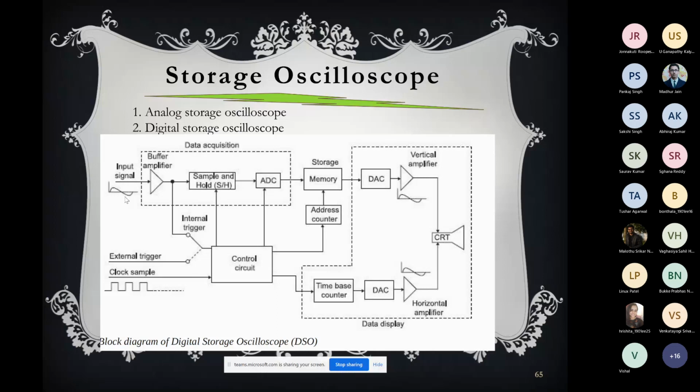Once you have an analog signal, you have to convert it into a digital signal, then only can you memorize it. Suppose you have some signal and you want to know the values at some points of time, say 0.1 second, 0.2 second, 0.3 second, or 0.01 second, 0.02 second, 0.03 second, and so on. So you have to sample at that interval.